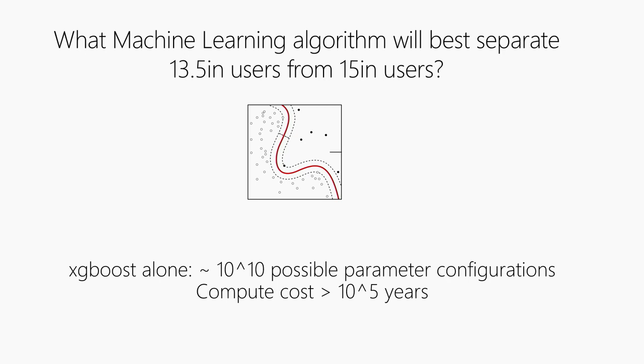Just for XGBoost, if you select a few reasonable parameters for all the different free parameters in XGBoost, you can quickly get into billions of different parameter configurations to search across. And so oftentimes you're just going to fall back to random search, which is not as good as it could be. So without AutoML, you might do random search here. But with AutoML, we have a smart search strategy. And this is something that Dean from Walgreens Boots will be talking about regarding how they leverage automated machine learning.